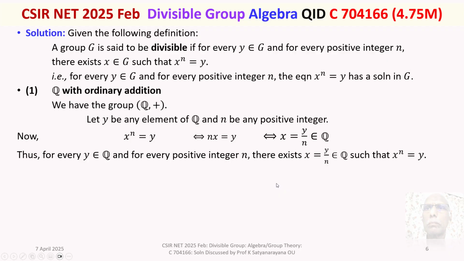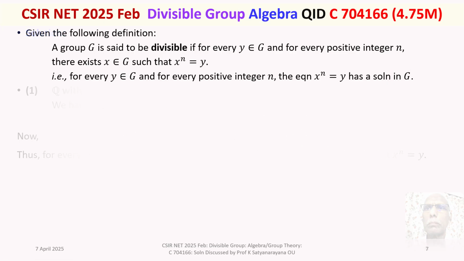So, the definition of the divisible group is satisfied. Therefore, the group Q under usual addition is divisible. Thus, option 1 is true. We mean the group given in option 1 is true. We continue in the next slide.